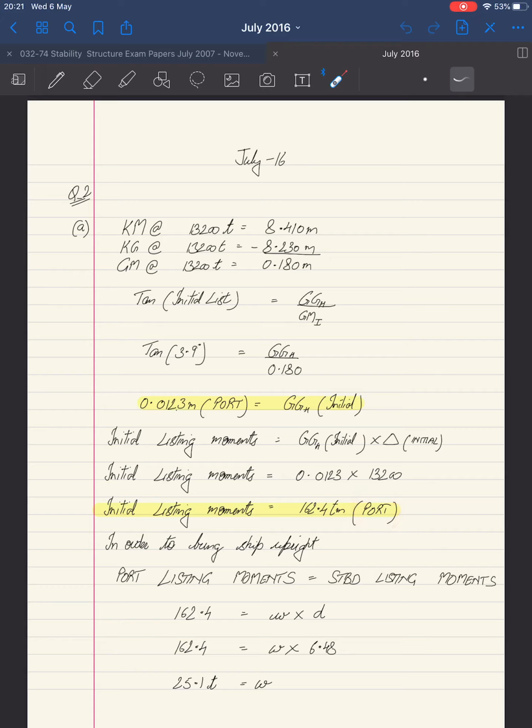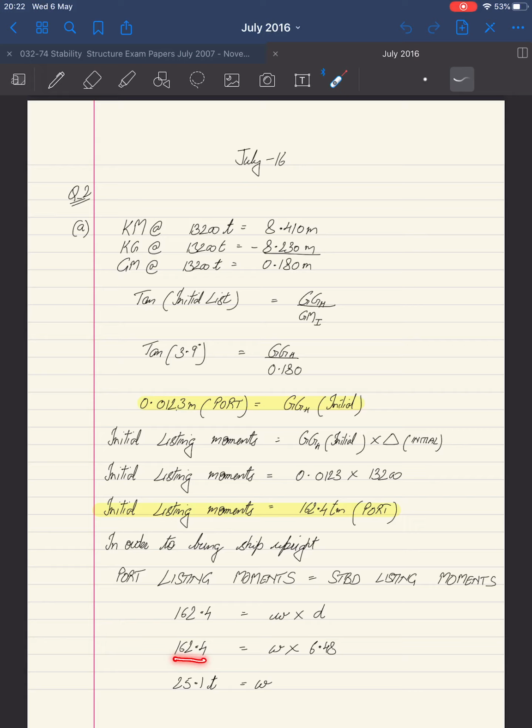Now in order to bring the ship to upright, my port listing moments shall always be equal to starboard listing moments. When these moments are equal, that means my ship will be upright. So port listing moments, we have already calculated as 162.4 tons meter. And starboard listing moments will be equal to W times the distance, because moments is nothing but W times a distance.